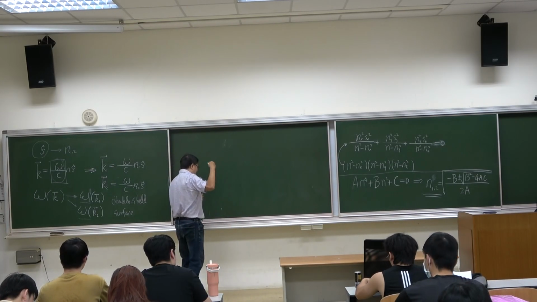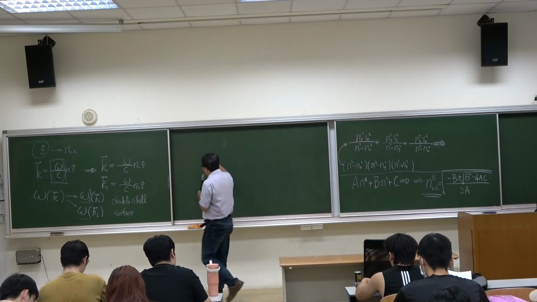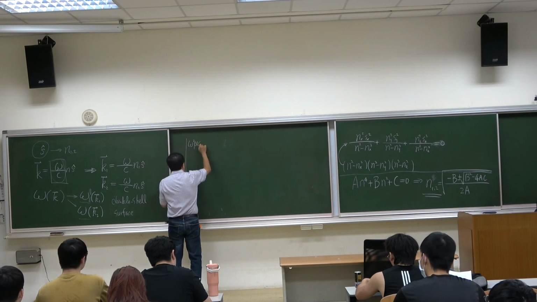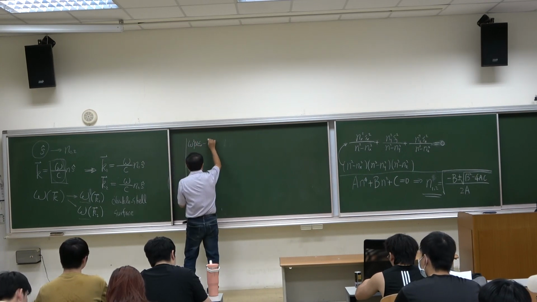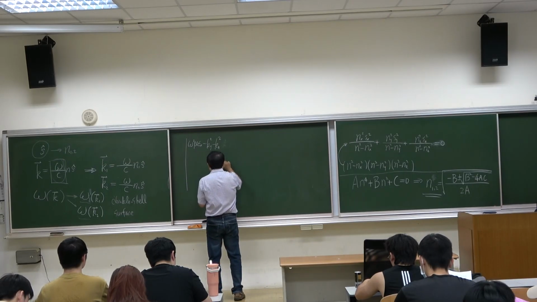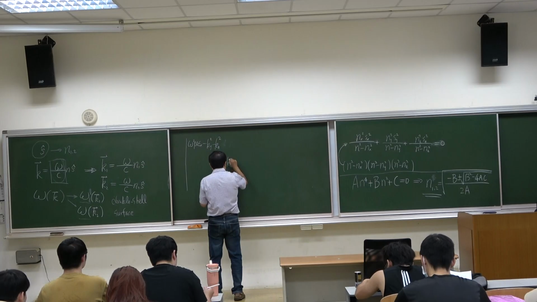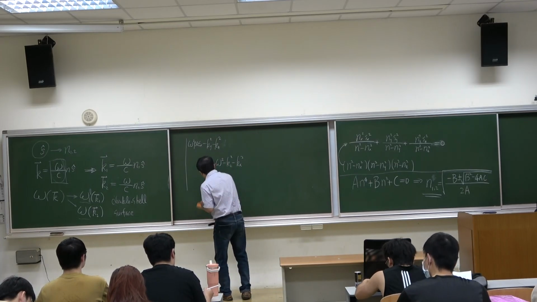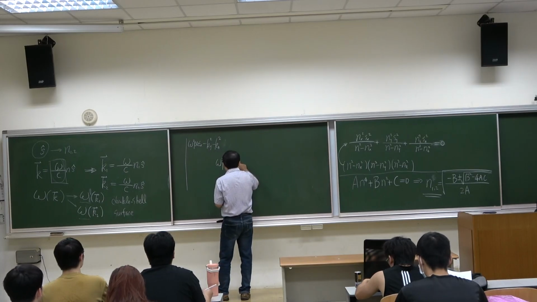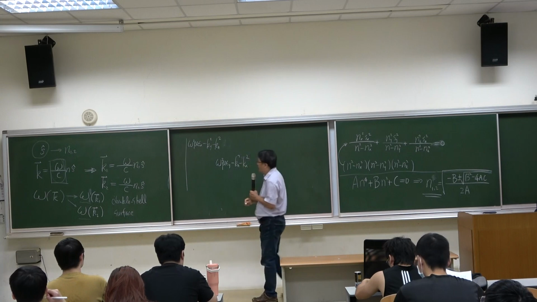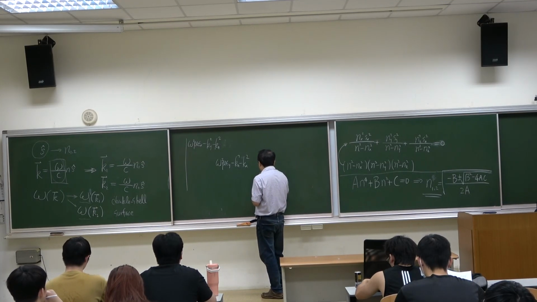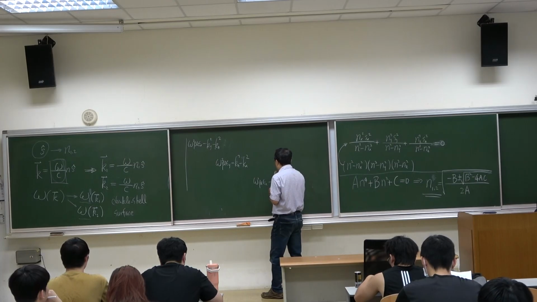Recall that we derived the normal surface by this method: omega squared mu epsilon x minus ky squared minus kz squared, omega squared mu epsilon y minus kz squared minus kx squared, omega squared mu epsilon z minus kx squared minus ky squared.